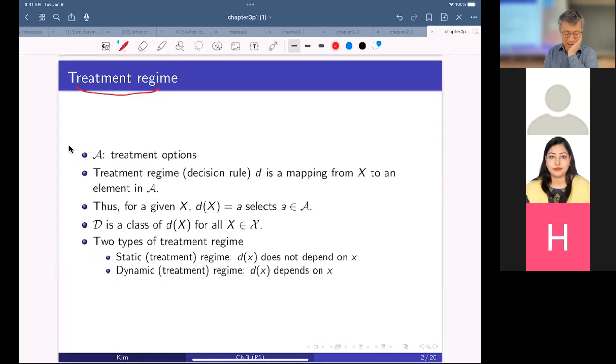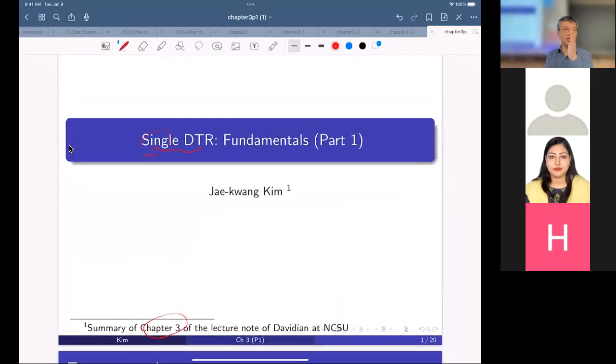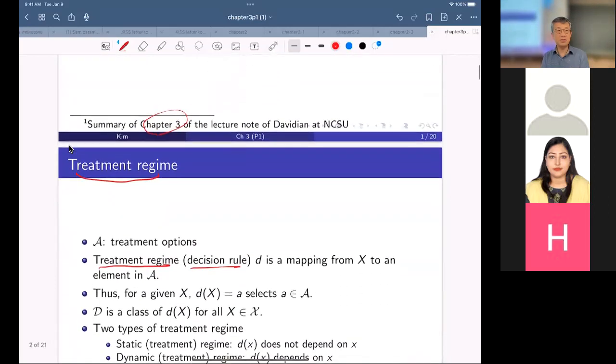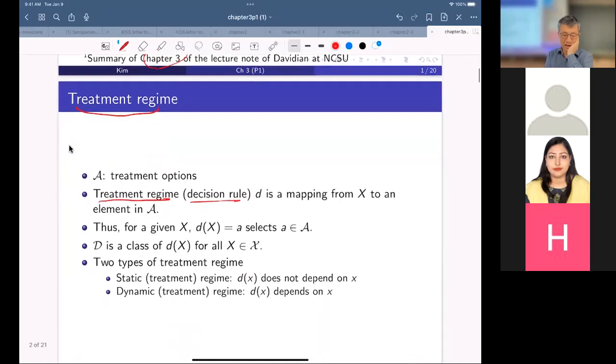Basically, a treatment regime you can roughly call a decision rule, based on current history. But at this point, because we are talking about a single DTR, you have just the first visit. At first visit, you have no information other than X. So that means your decision rule is a function of X.